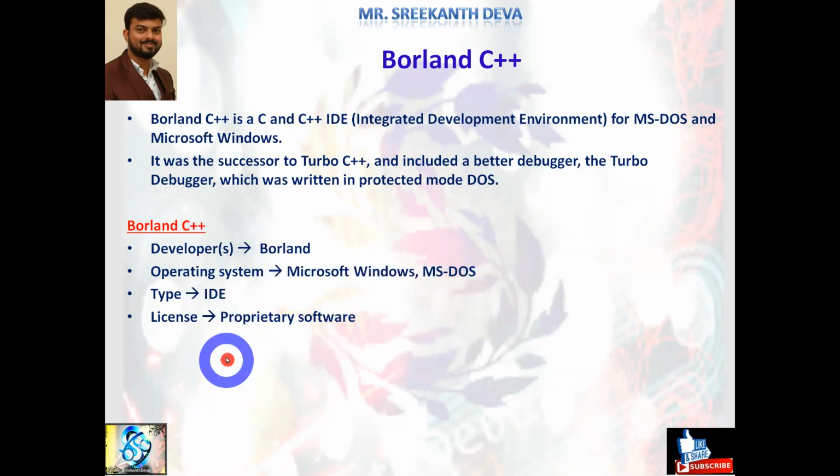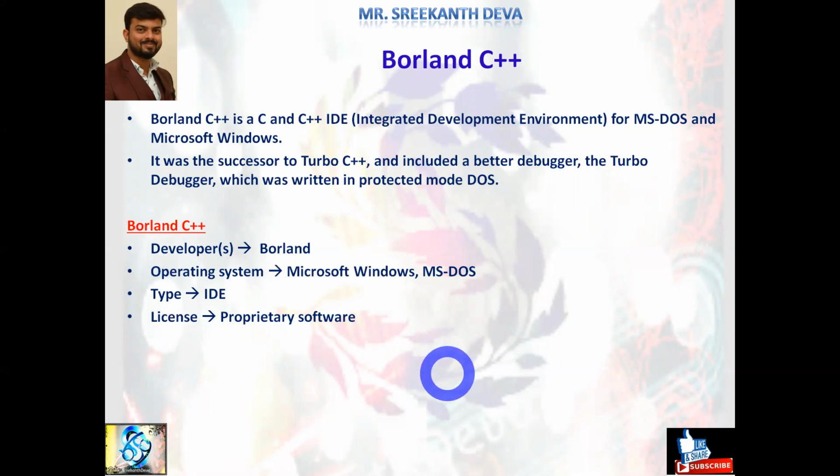Type is IDE. License is proprietary software. Here, proprietary software, also known as non-free software, is computer software for which the software publisher or another person reserves some rights from the license to use, modify, share modifications, or share the software. It sometimes includes patent rights. Simply remember, proprietary software is also known as non-free software.